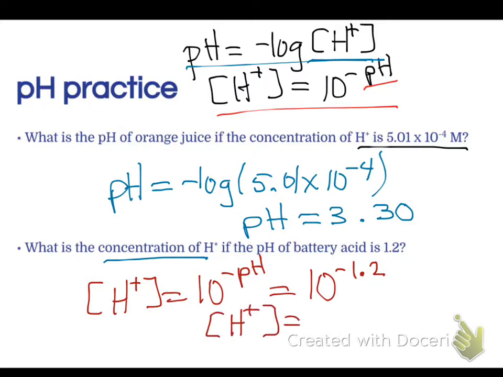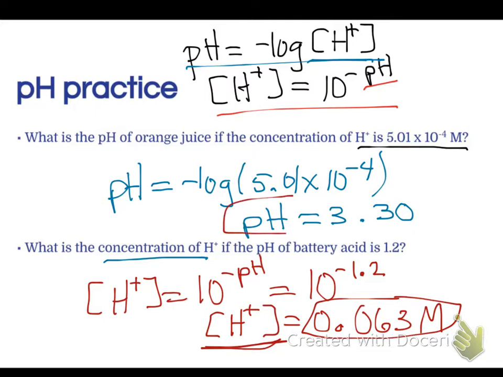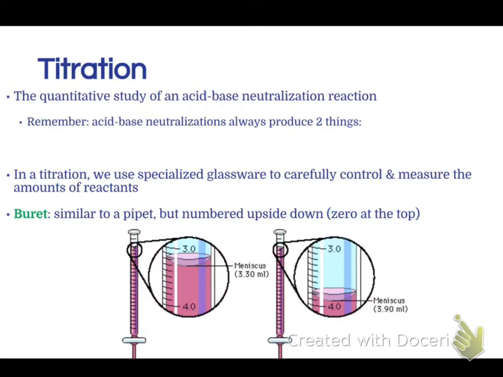It sometimes can be tricky. And we get 0.063 molar. Remember that there's no unit in pH, but the brackets mean molar. So I'm going to write that. So if you didn't get these answers with your calculator, it's probably not you, it's probably the calculator. Come and see me and we'll figure out what's going on.